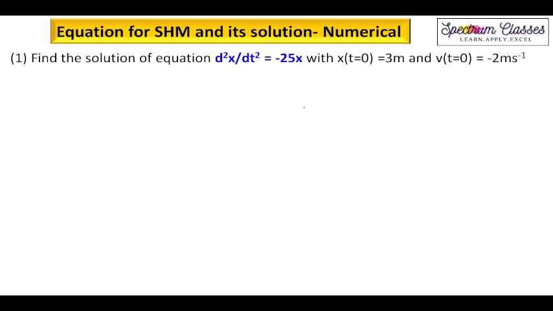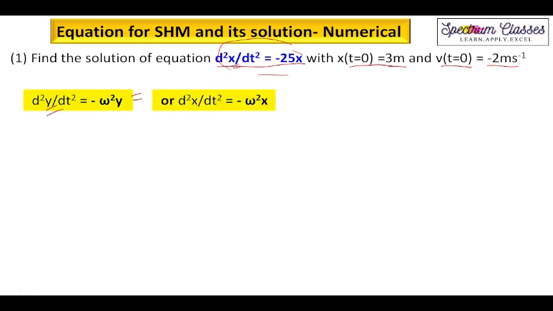Now I'm just going to solve a numerical problem on this concept. The problem is given like this: find the solution for this equation, for which x is equal to 3 meters at time t is equal to 0, and velocity at time t is equal to 0 is minus 2 meter per second. The general form is given in the form which I have written over here, but here instead of y we are having x, so it can be replaced with x.